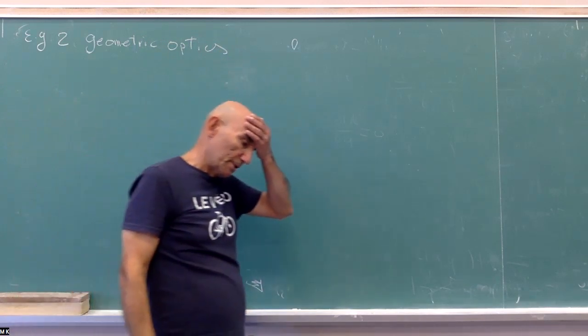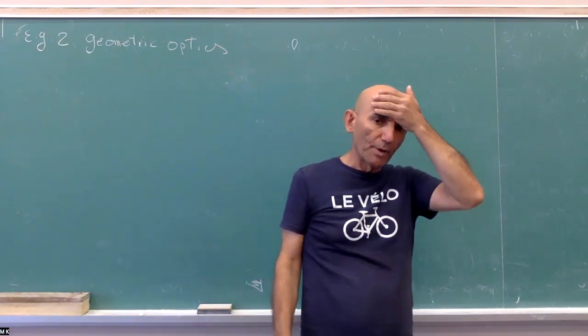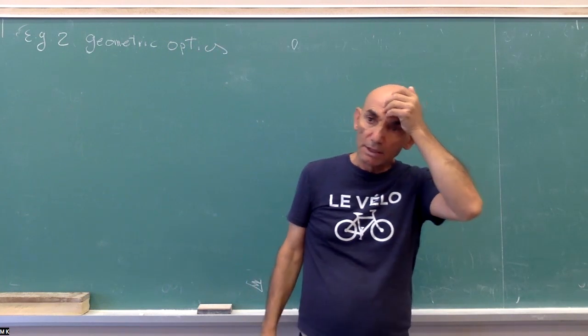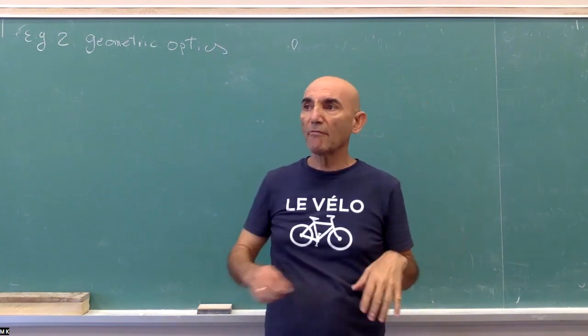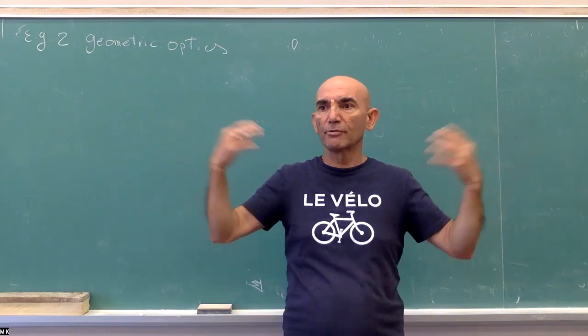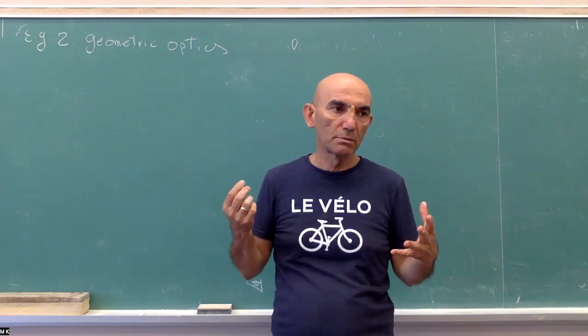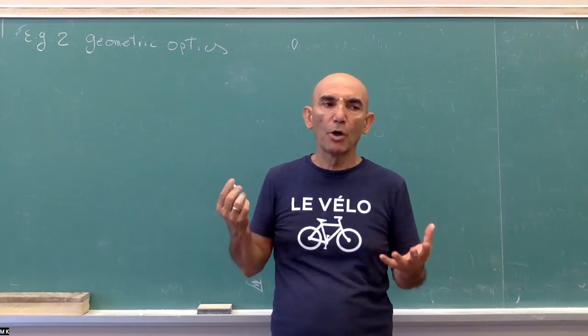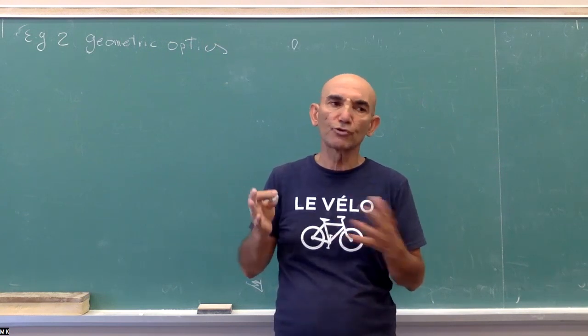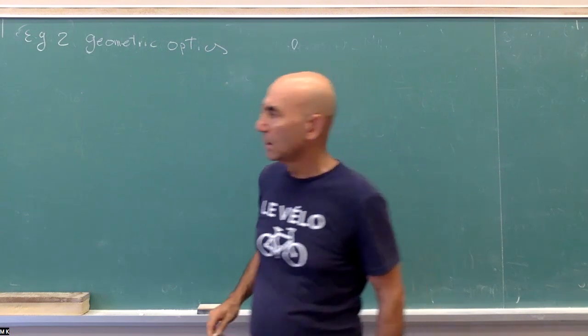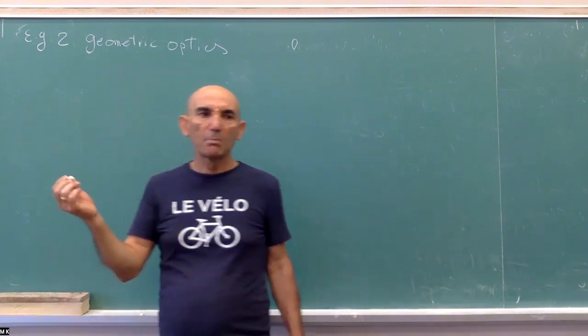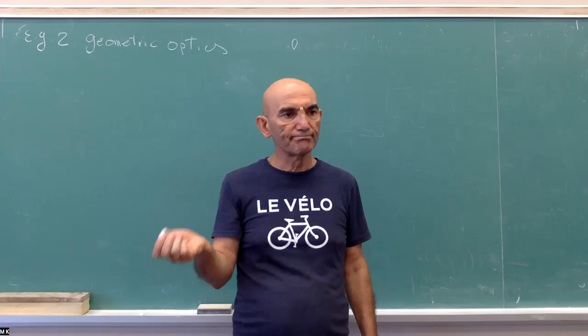So what is the problem of geometric optics? You have a medium, like air, for example, which is not homogeneous. So we have an inhomogeneous, but isotropic medium, and we want to study the path of light in this medium.